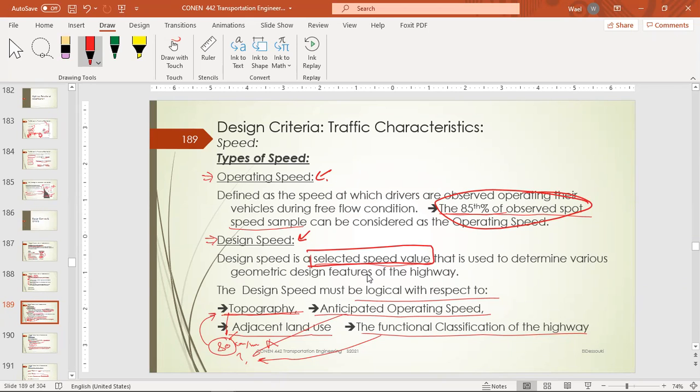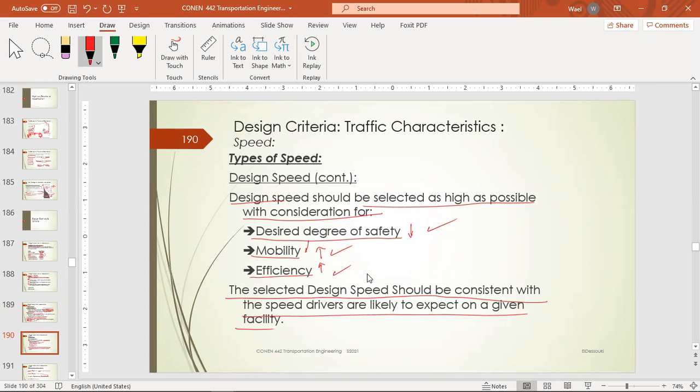The operating speed is observed and comes from the spot speed study, the 85th percentile of the observed spot speed study sample. But the design speed is a selected speed value. How do we select the design speed? It must be, first of all, logical with respect to topography, adjacent land use, anticipated operating speed, and functional classification of the highway.